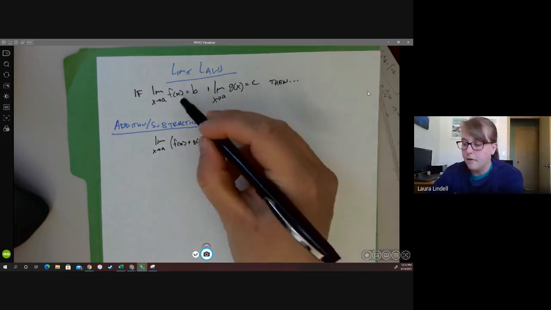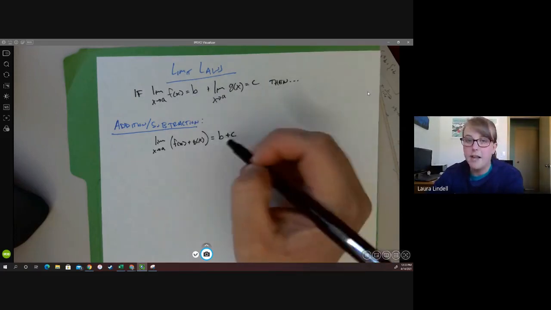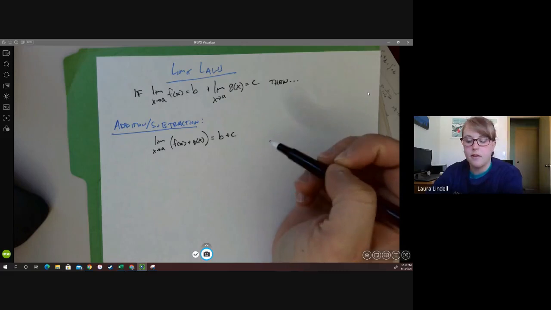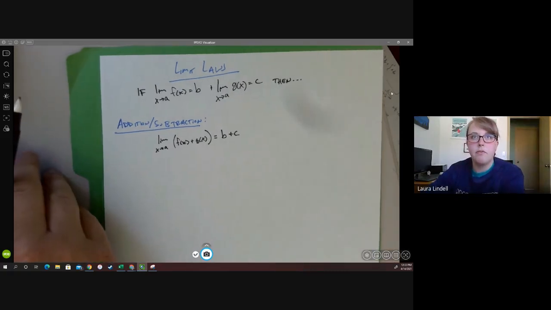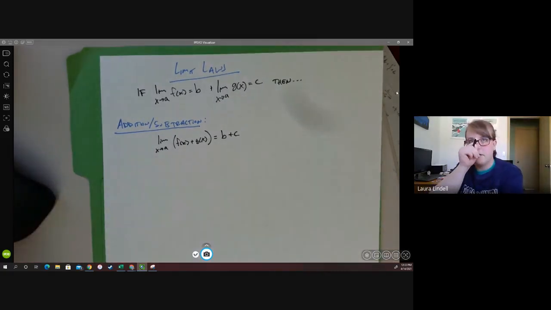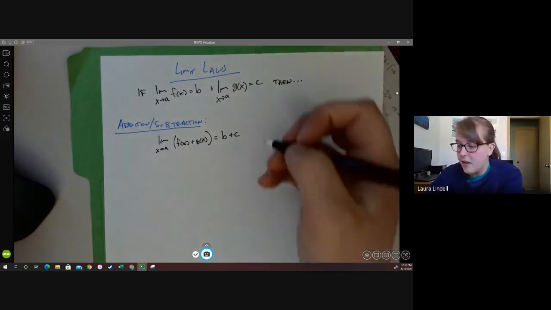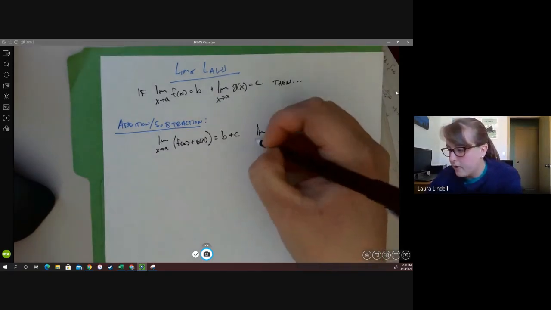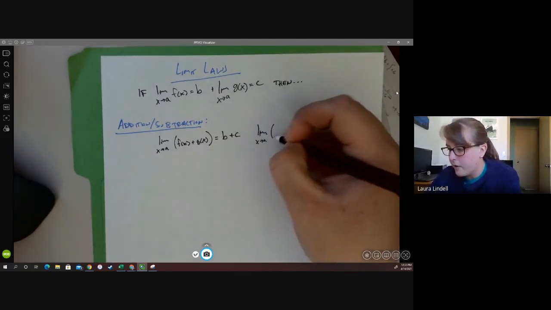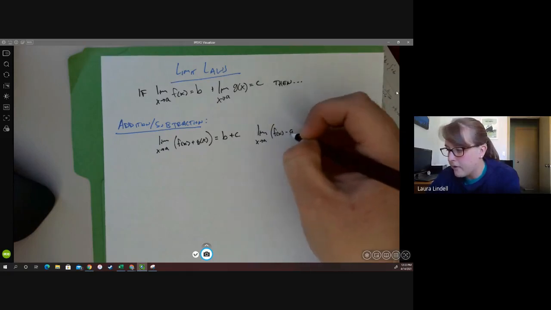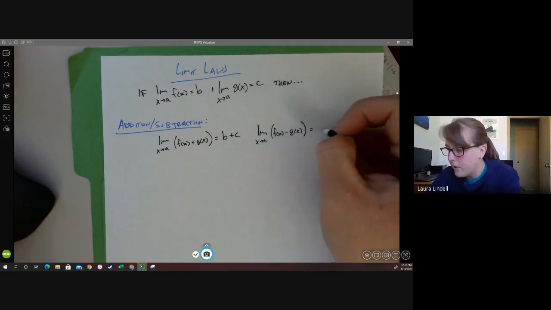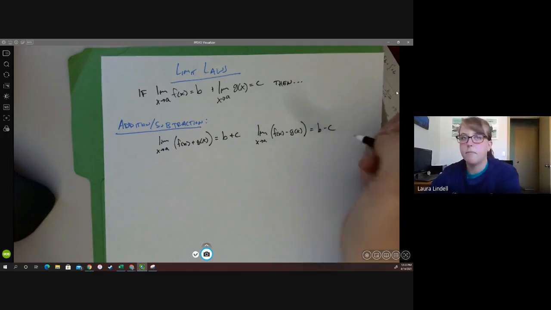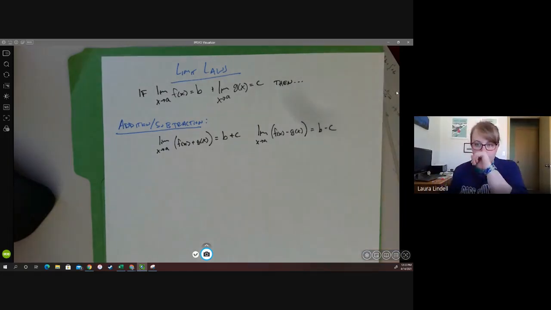So it's the limit of f of x and the limit of g of x added together. And these will hopefully be fairly intuitive here. And then same goes for subtraction. Limit as x approaches a of f of x minus g of x would be b minus c. All right, so there's the first one.